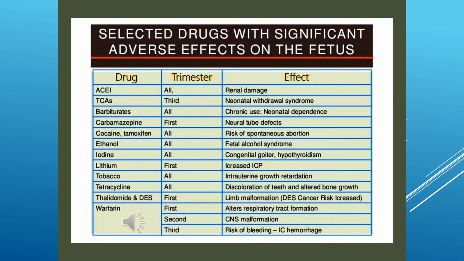Now, warfarin's also a drug that is quite commonly prescribed, but what you find is in the first trimester it can alter the respiratory tract formation in the fetus. In the second trimester, if given, it will cause potentially central nervous system malformation, and in the third trimester, once organogenesis has been completed, you start to look at the risk of bleeding and intracranial hemorrhages.